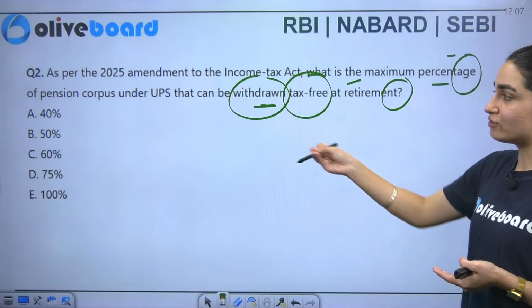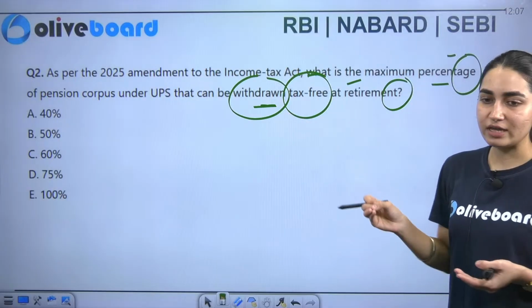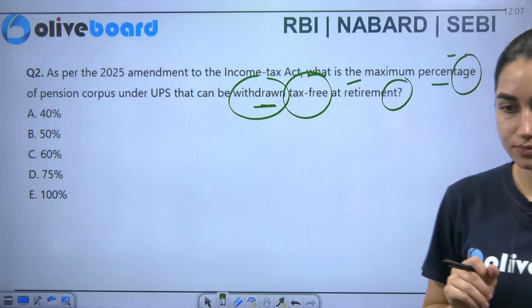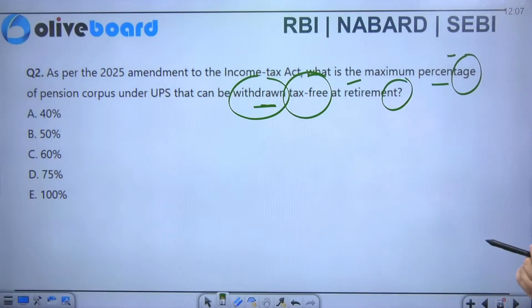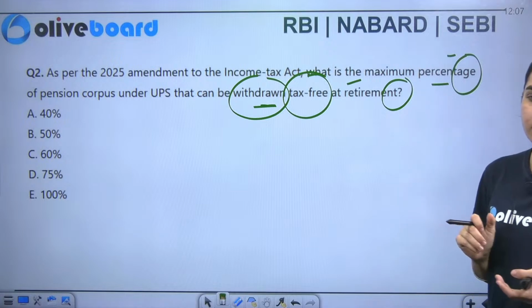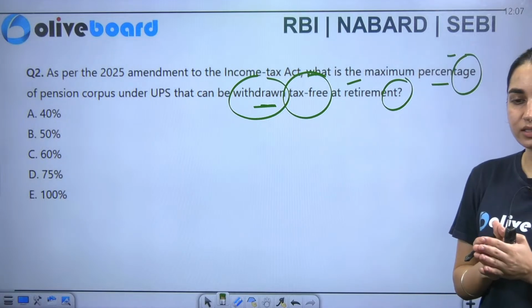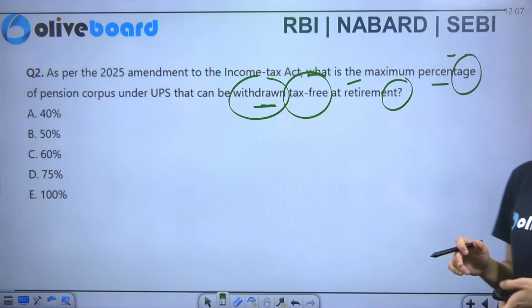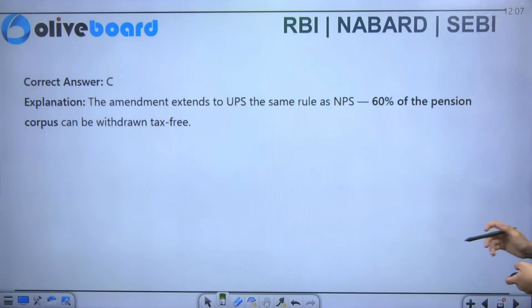Is it 40%, 50%, 60%, 75 or 100? We are not here talking about the extended part, Aditi. We are talking about the implementation part only, launch part only. Okay, correct. So this is 60% only. This is 60% of the corpus is tax free.